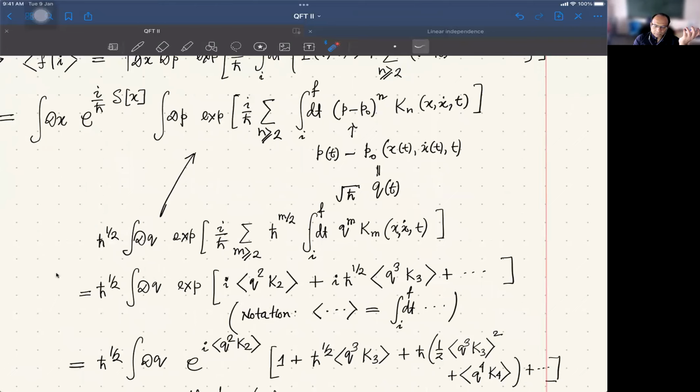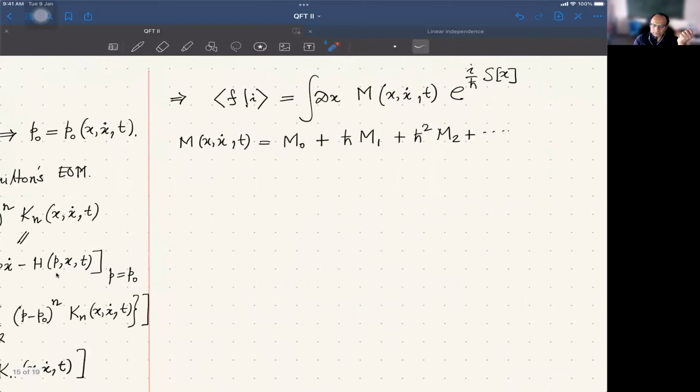So there is an expansion in all integer powers of ħ, where the coefficient is a local function of ẋ and t. So that is the form of this result.